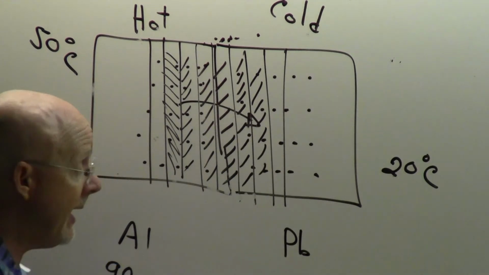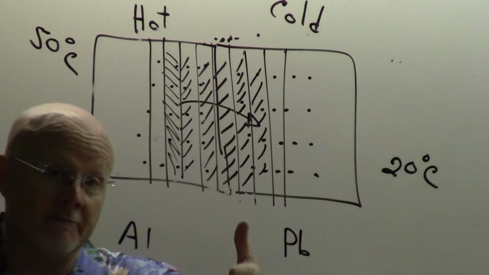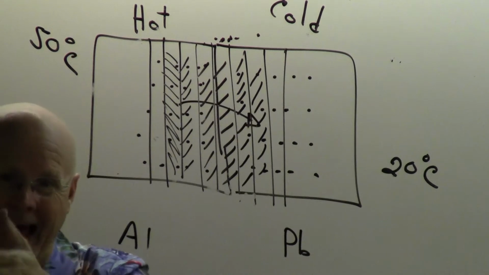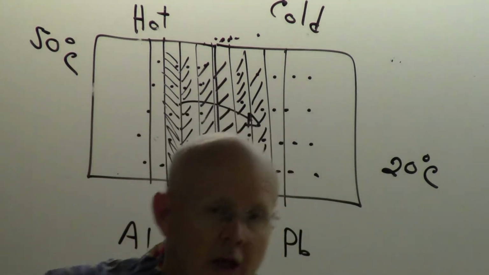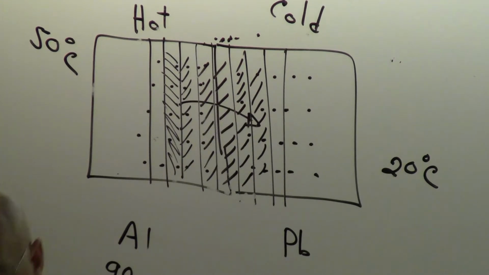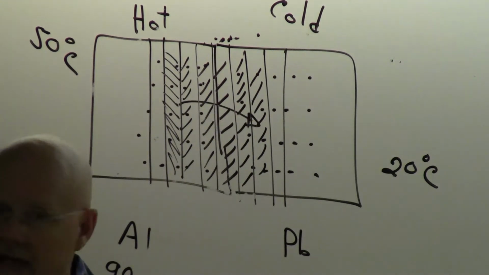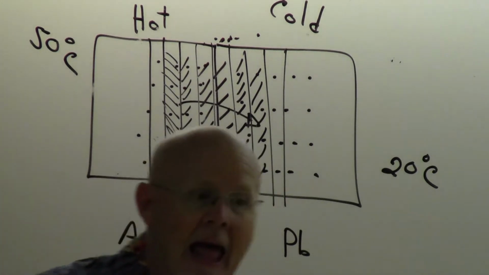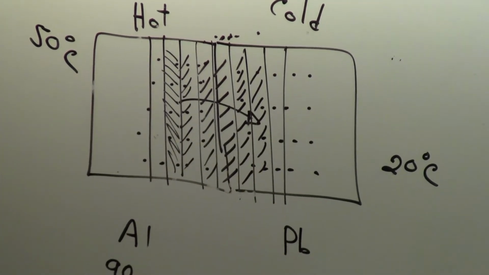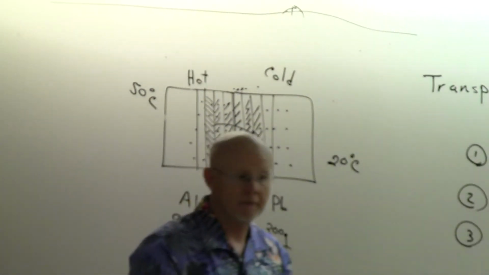Right? There was not a transport of material. The aluminum atoms never went over to the lead, but the energy did. So the aluminum ones lost their energy. They did not lose atoms. They lost energy. And that process is referred to as conduction.